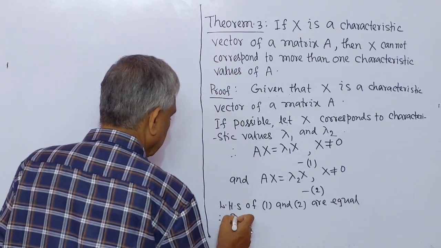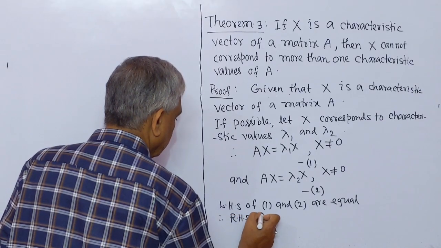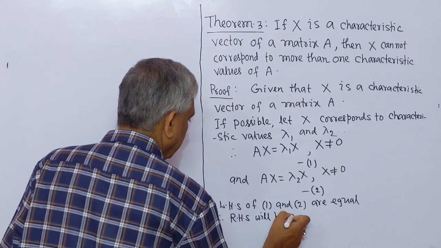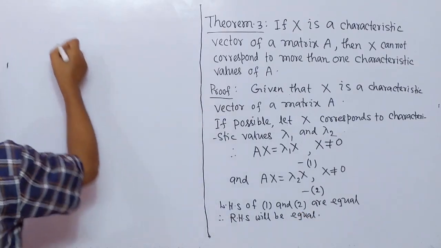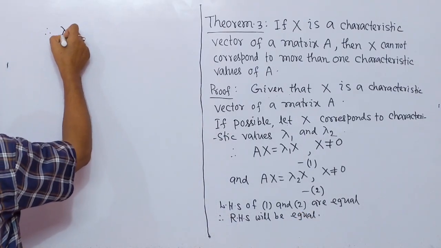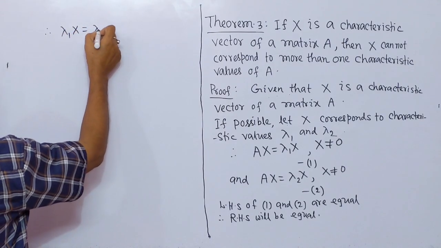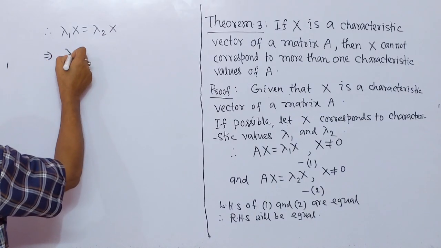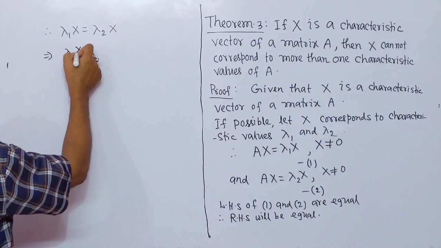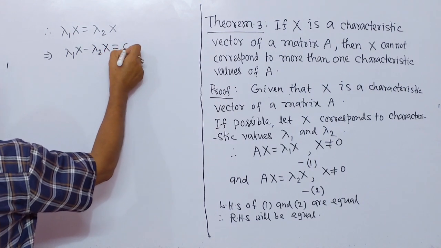Therefore, right sides will be equal. Therefore, lambda 1 x equal to lambda 2 x, which implies that lambda 1 x minus lambda 2 x equal to 0.